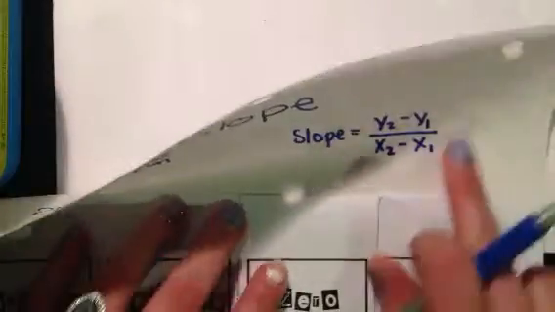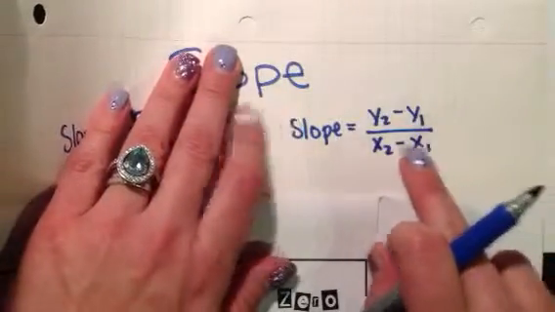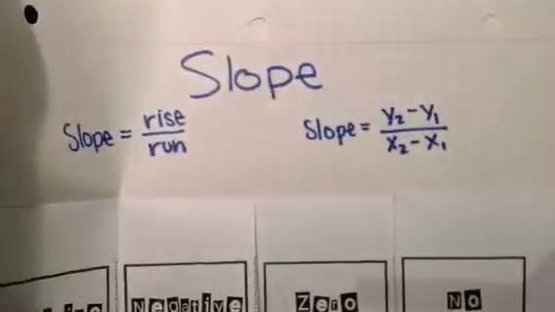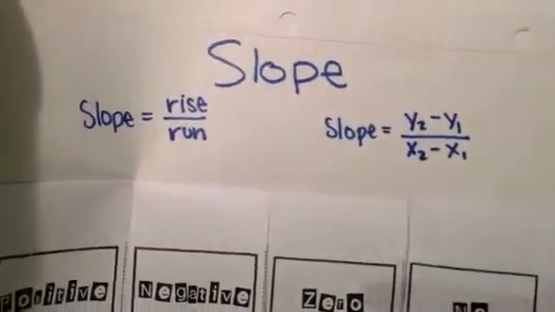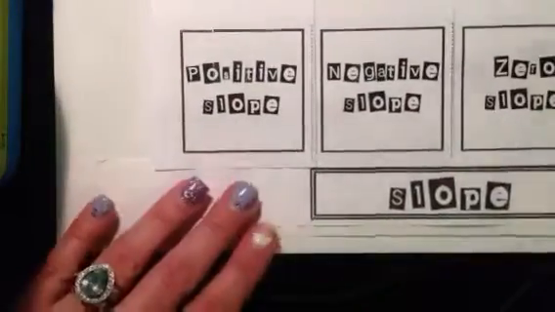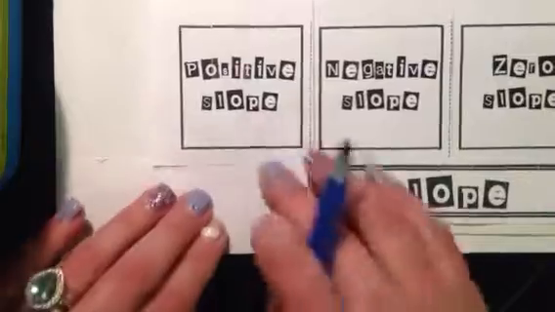So now we're going to learn what that means and how to apply it to graphs. So let's start with, what is a positive slope?